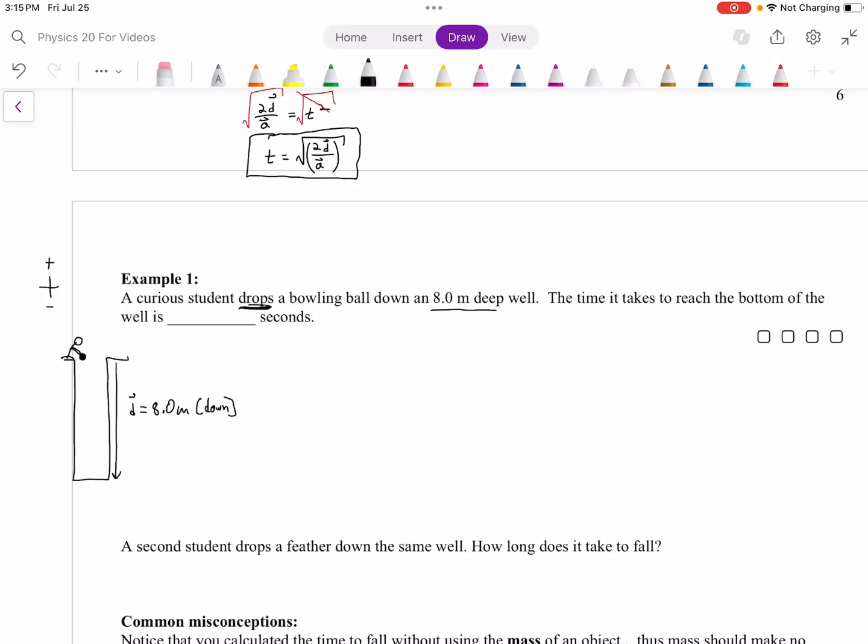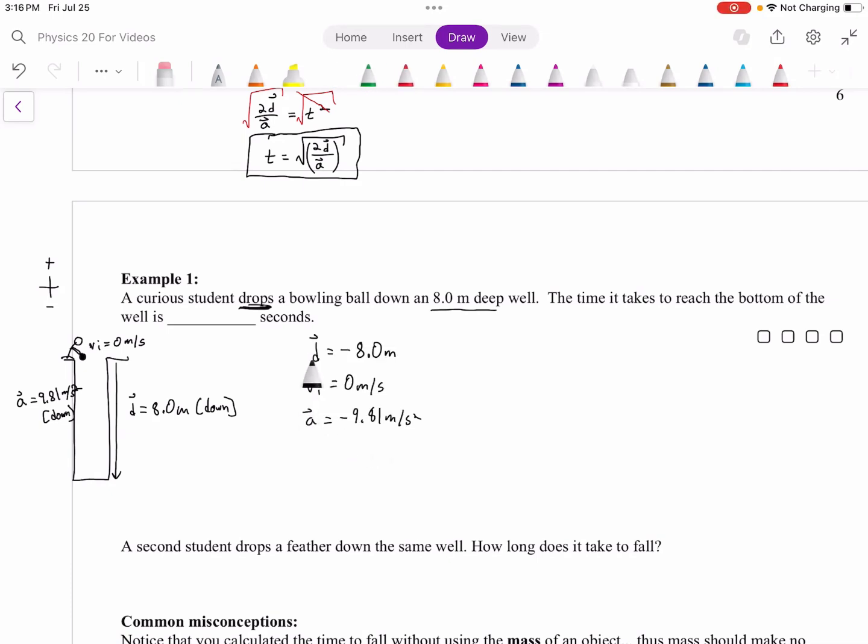Now, if they drop the bowling ball, at first it's not moving. It's about to because gravity will accelerate it downwards, but the initial velocity is 0 meters per second. And as soon as that student lets go of the ball, it's going to start accelerating down at 9.81 meters per second each second. Let's go ahead and write out our givens.